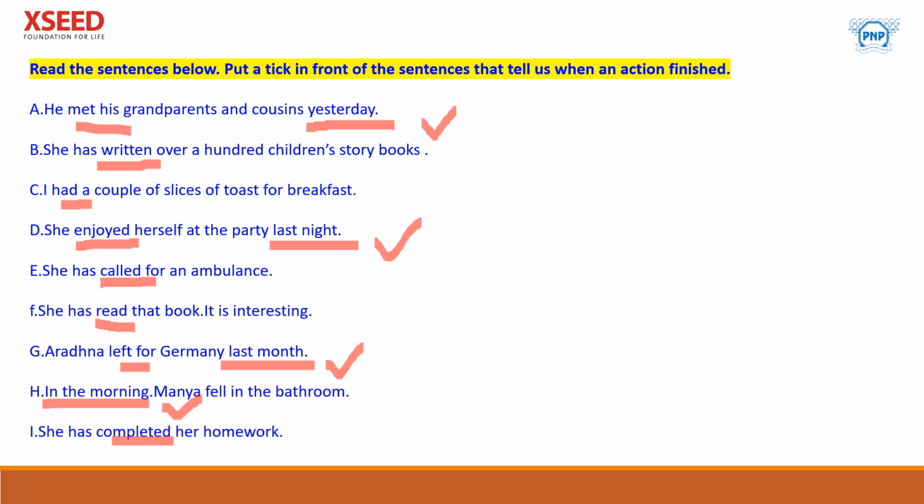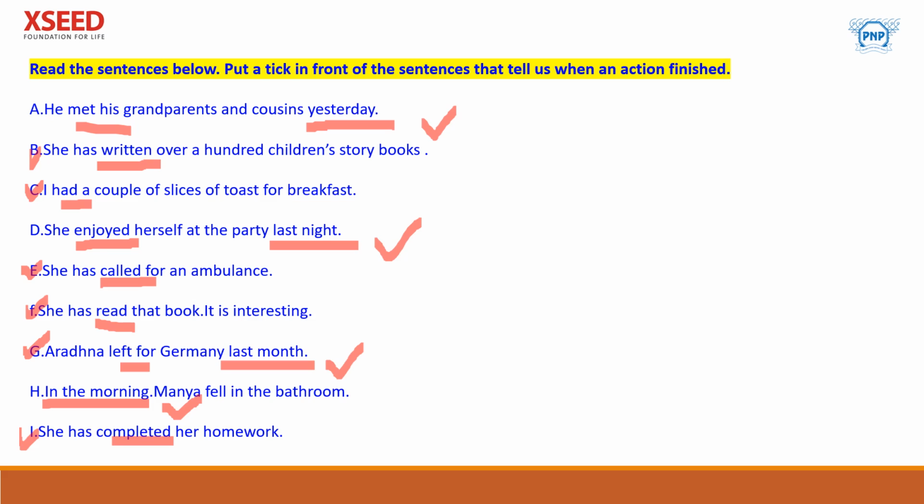These actions have been mentioned. So all these sentences do not tell us when the action finished, like this sentence, B sentence, C sentence, E, F, G, and this last one, I. These sentences are not telling us when the action is finished.